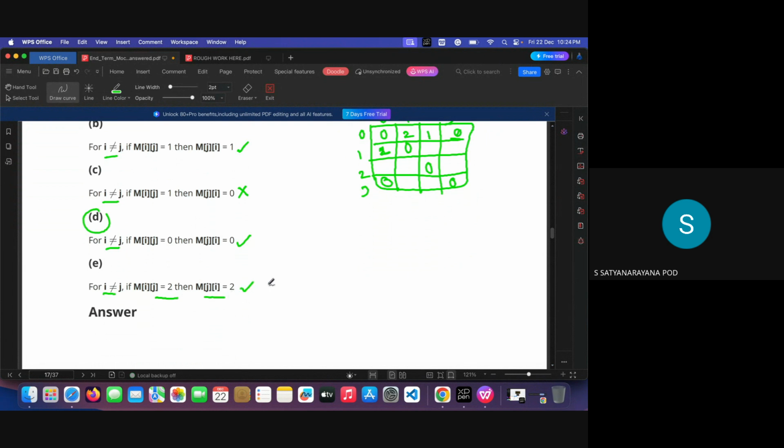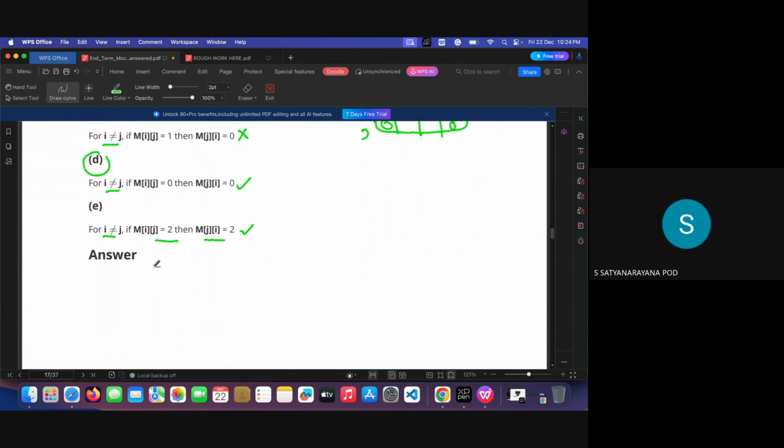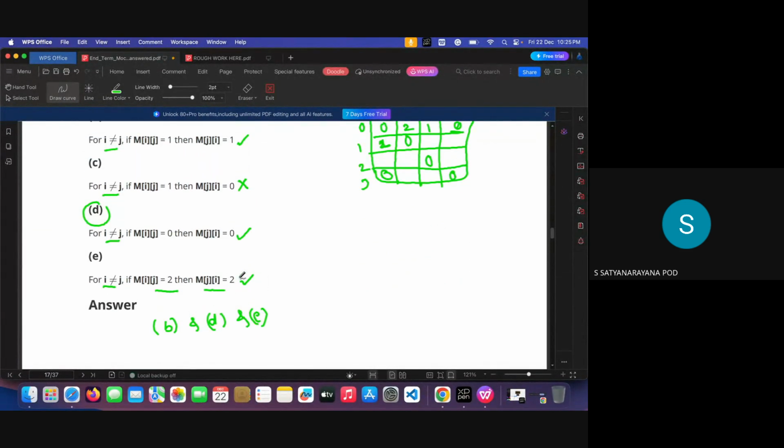So the right options are B, D and E. If it was not an absolute value, then there is a problem: one is negative, one is positive, then it would be 0 and 1, 1 and 0. So wherever 1 is there, 0 is there, and wherever 0 is there, 1 is there, a possibility.